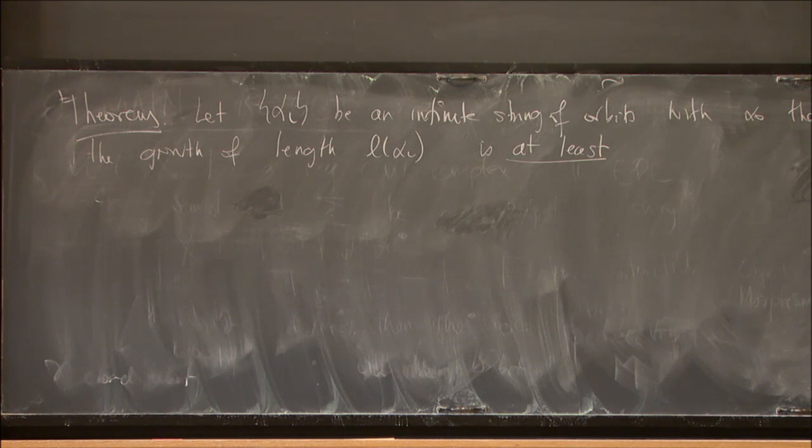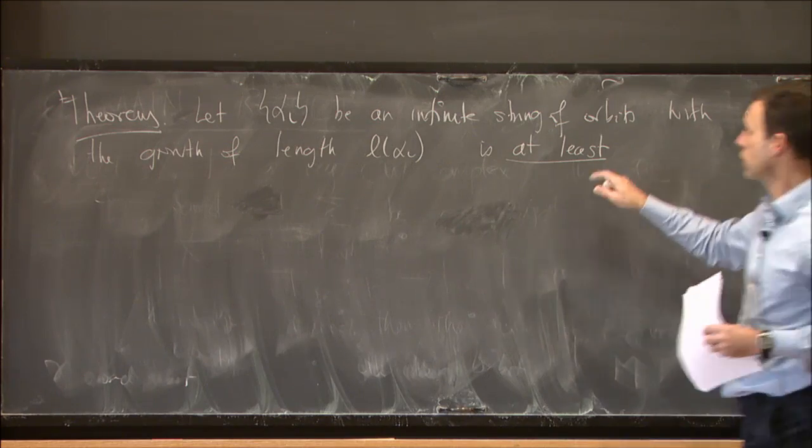The more the length grows, that means that there are fewer orbits of small length. That means I have different free homotopic classes. Okay, so that's why I want at least.